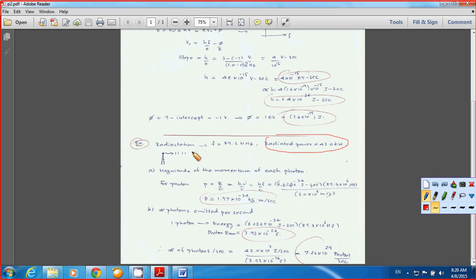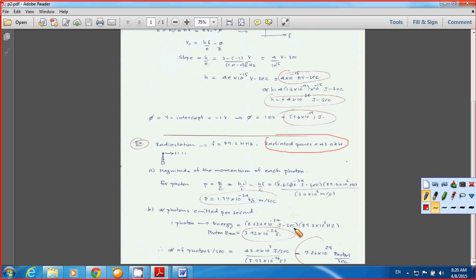What you need to do is simply divide the radiated power, or total power, by the photon energy. You have to know how much energy one photon has. One photon energy is equal to hf, correct?